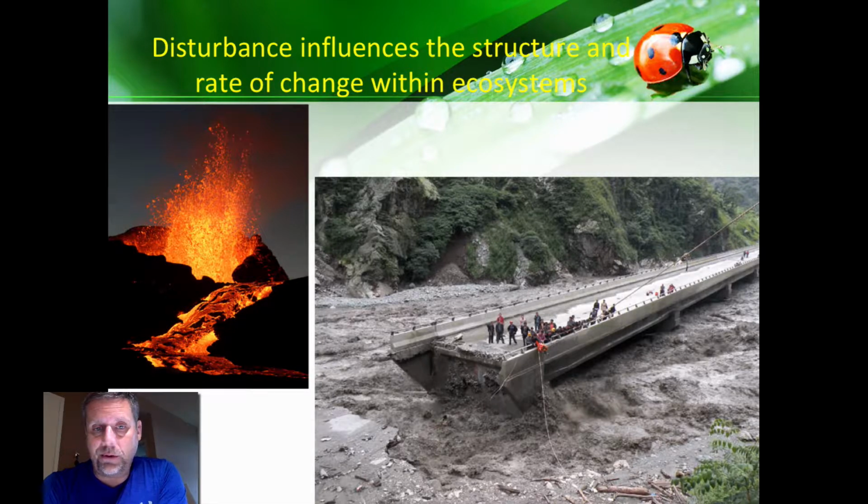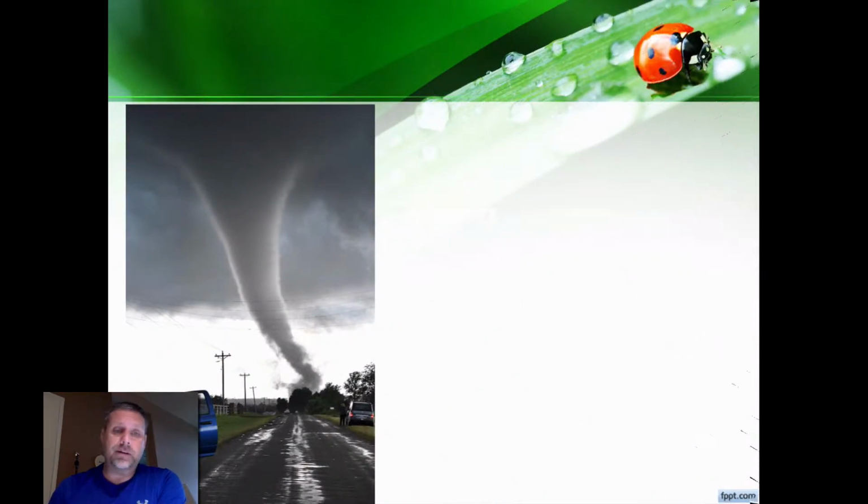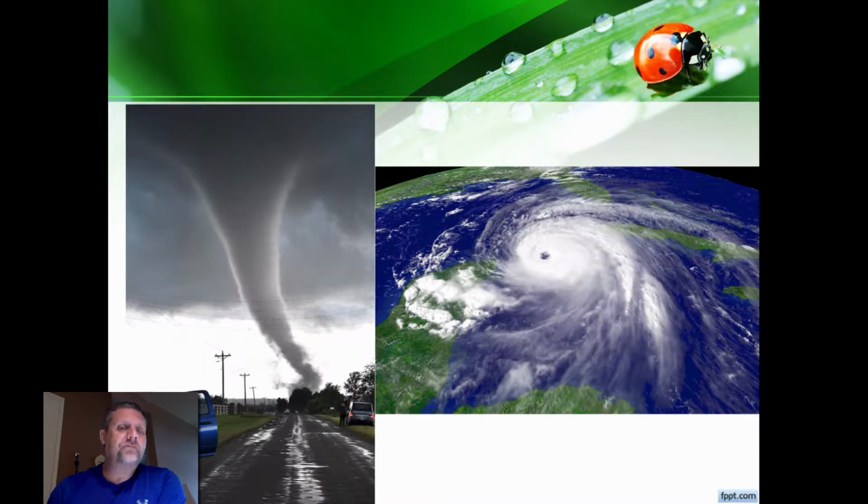It'll drive them out or kill them or just completely relocate them, I guess you could say. And another one is obviously tornadoes and hurricanes. These will basically harm the ecosystem, harm the environment, harm the organisms.